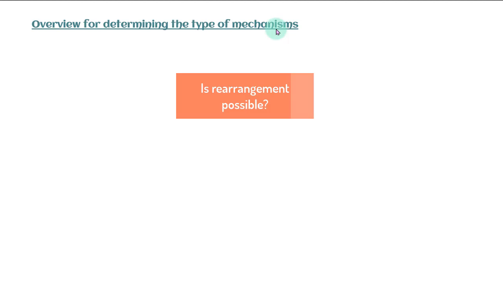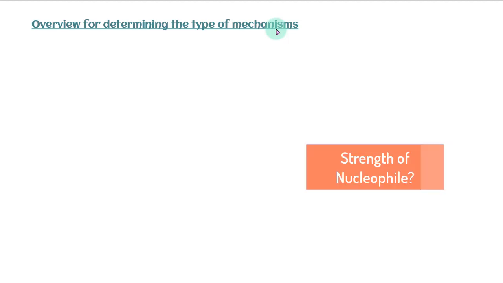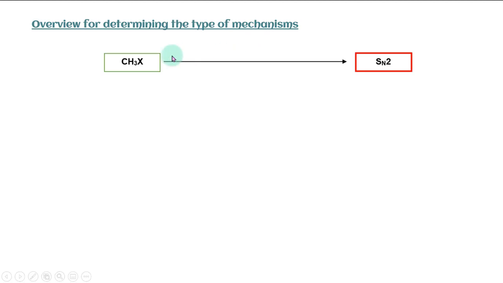Is any rearrangement possible? What is the strength of your nucleophile? You need to consider these factors. If in the question you see a methyl halide, it is the most reactive towards SN2 mechanism as it doesn't have any steric effect. So SN2 mechanism for methyl halides.